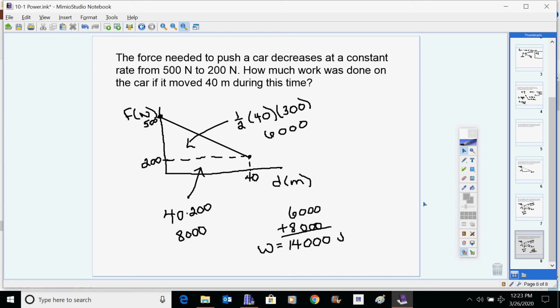What I'd like you to work on is doing the practice problems for the first entire section of Chapter 10. Chapter 10, Section 1. Between yesterday's lesson and today's lesson, you should be able to do practice problems 1 through 12. Tomorrow we're going to hopefully be able to do something with a lab. We'll see how that goes.